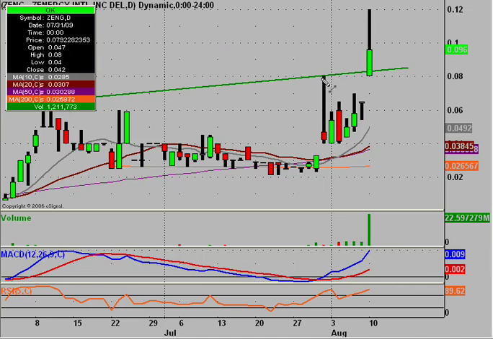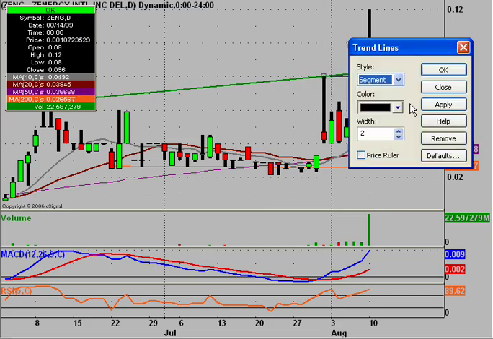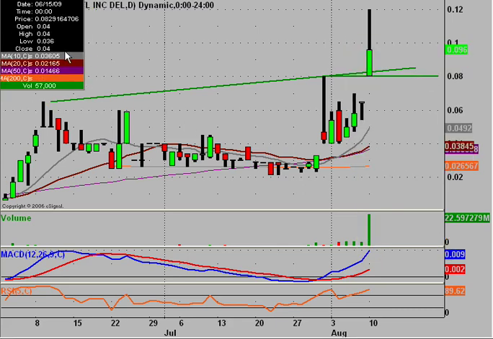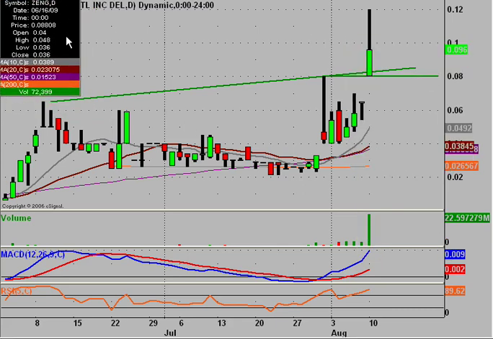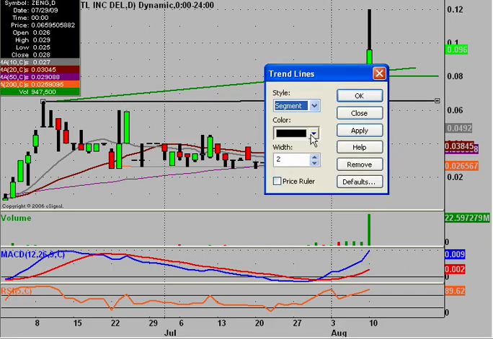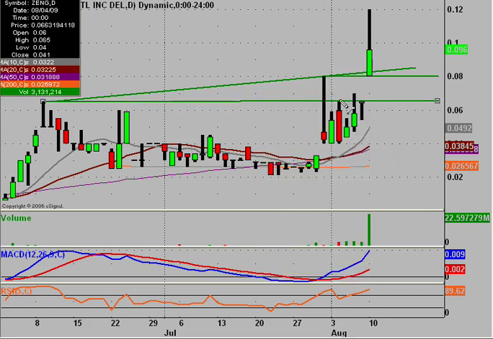Another support level to keep your eye on is just simply the 8 cent mark, because that's where this high was at. So let me change this to green also. And then after 8 cents, there is another support level down here where that previous high was, and I'll give you that value in a second. So let me change this to green too.